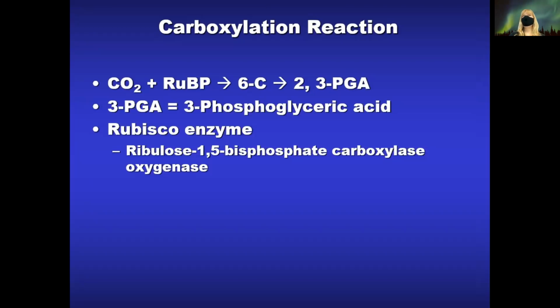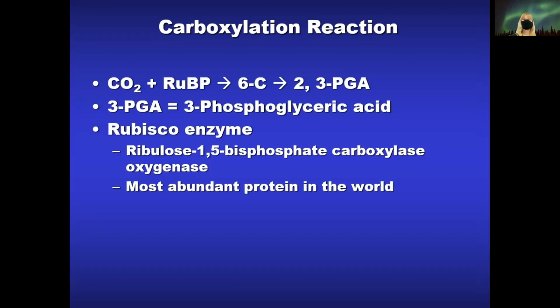The ASE on the end means it's an enzyme, but it's a multifunctional enzyme. It is able to carboxylate, it's a carboxylase, and it's able to oxygenate. That's an interesting enzyme. It can do both, and that has some serious implications for how the plant works with this enzyme.